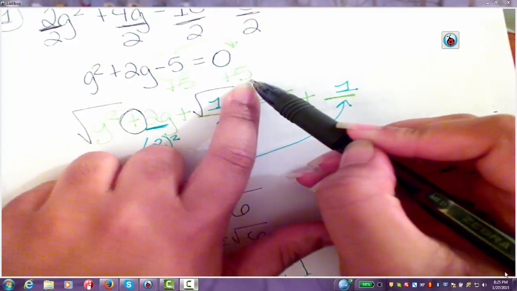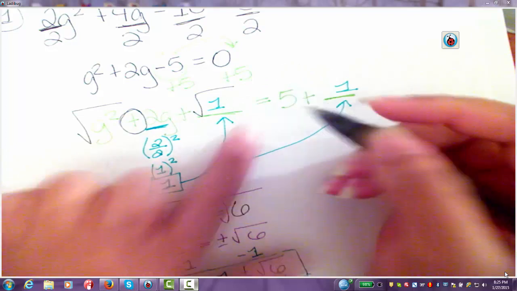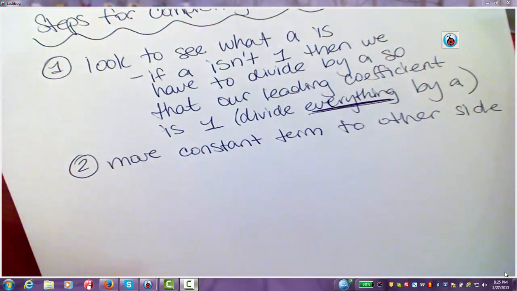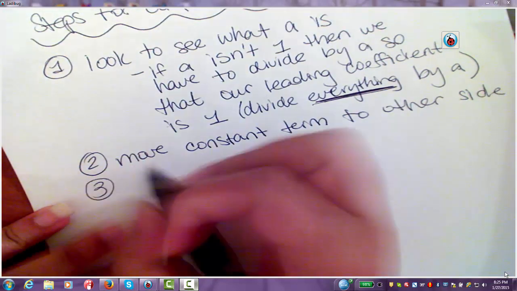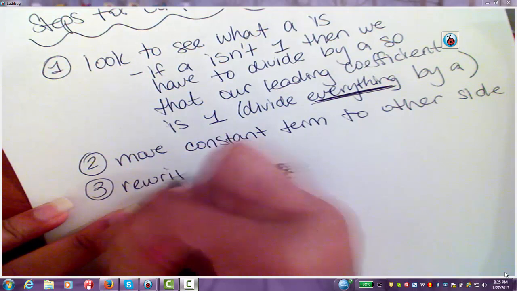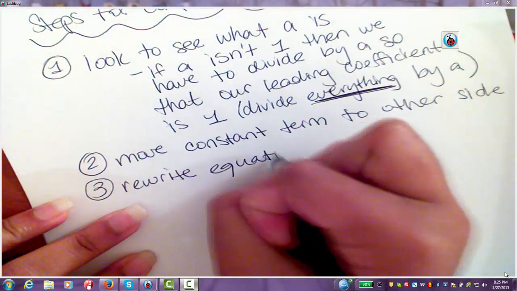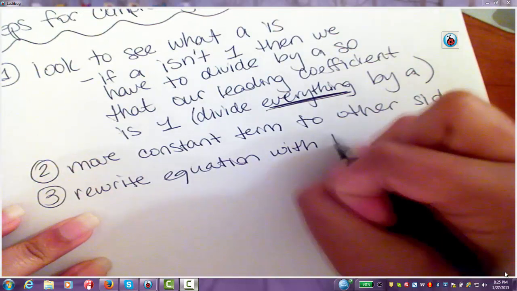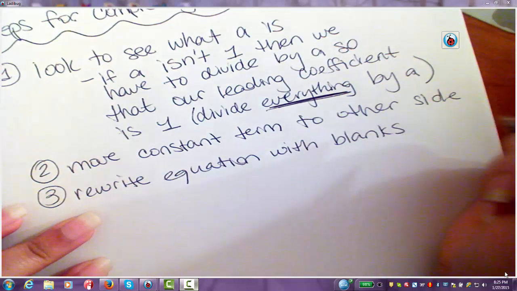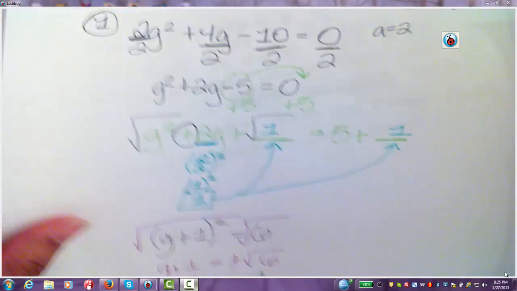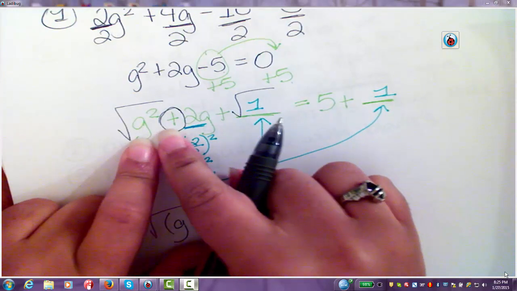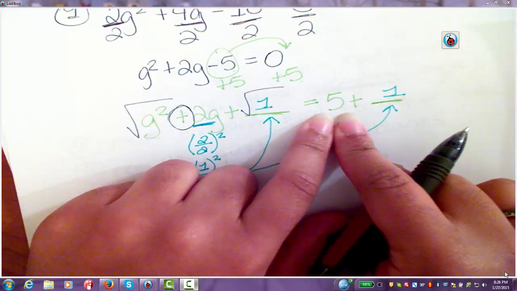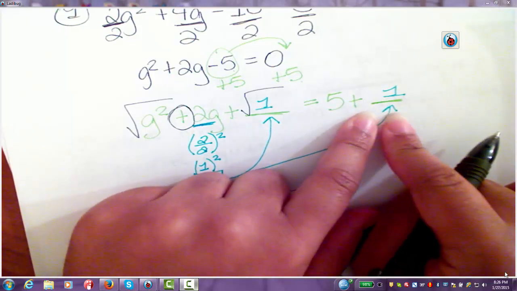And then we rewrote our equation with blanks. We had g squared plus 2g plus blank equals the 5 that we took over plus blank. So that's what I mean when I say rewrite your equation with blanks.